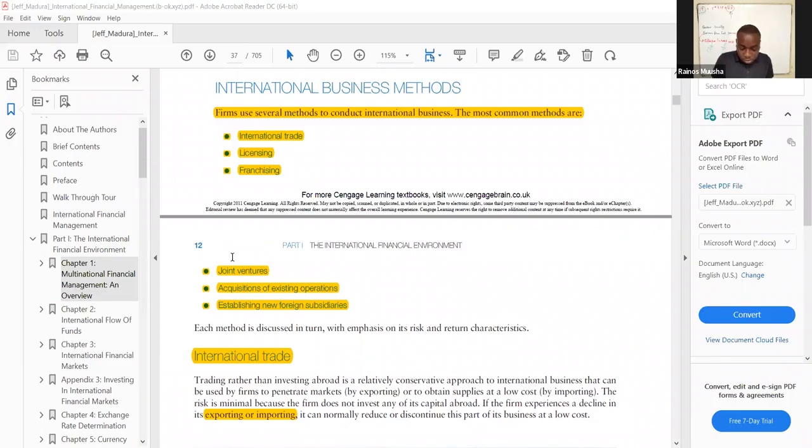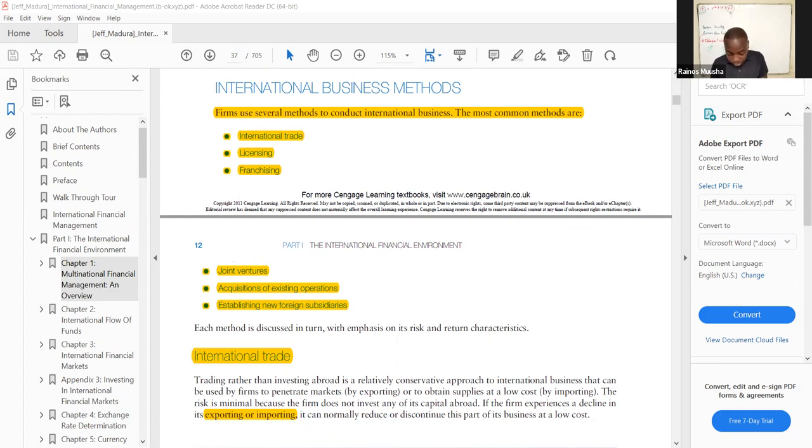The most common methods are international trade, licensing, franchising, joint ventures, acquisition of existing operations, establishing new foreign subsidiaries, and on top of that, setting up a special purpose vehicle as well.